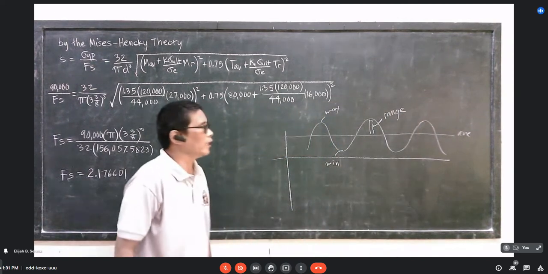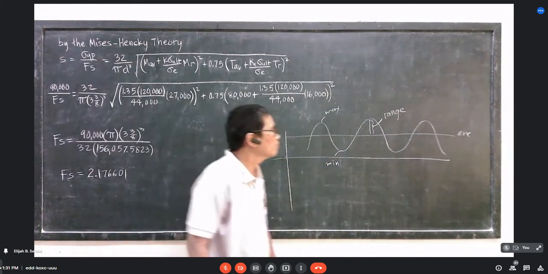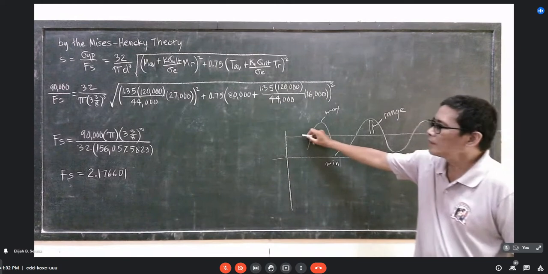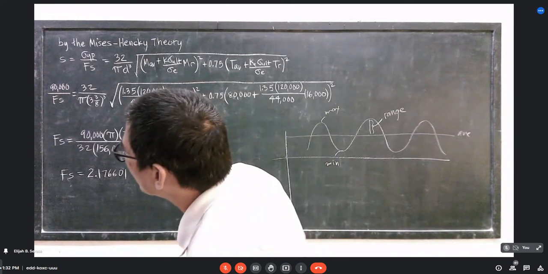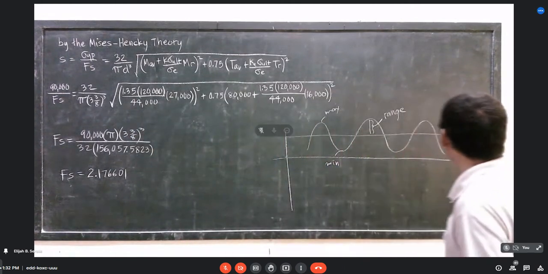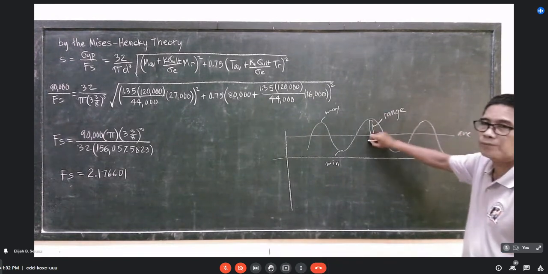Now that's all right for the torque, because for the torque it is specified that you have a steady torque of 80,000, and then it fluctuates 20% from that value.